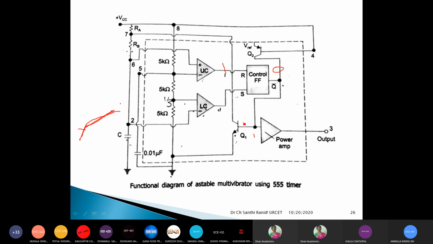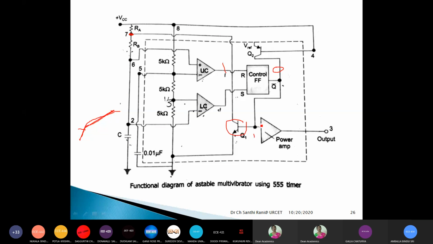You just observe one more change here. The discharge pin, or this transistor, is connected to this junction of the externally connected resistors RA and RB. So when this is 1, this transistor will be like a closed switch. That means this is a closed path, and between ground and this point there is the capacitor. So when it is like a closed switch, this capacitor will be discharging through this path.